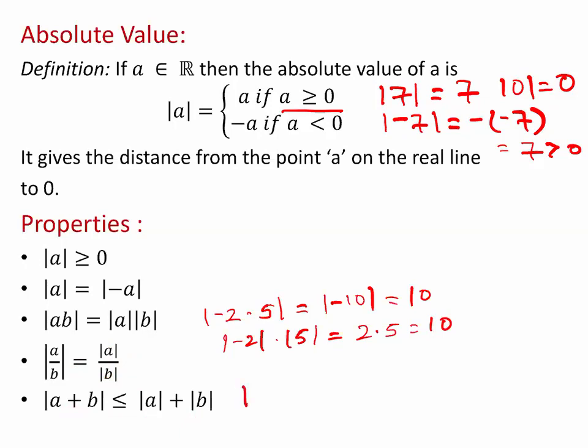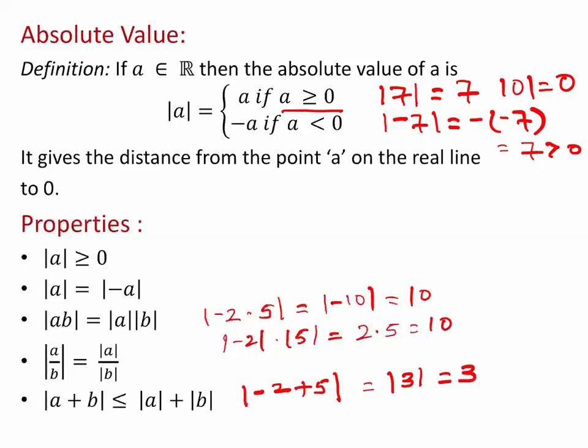We can check this as well. Consider minus 2 again, and plus 5. This would be the absolute value of 3. As 3 is greater than 0, it is 3 itself.